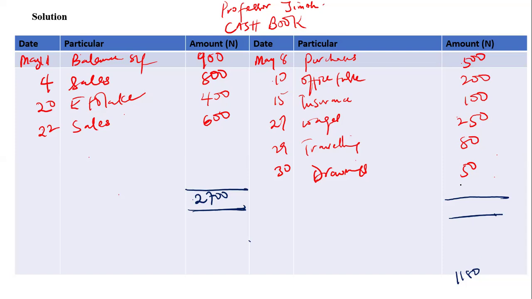From here, the difference is 1,520. So what I have here is the balance carried down, 1,520, to still get my 2,700. For any ledger, you now have 1,520.